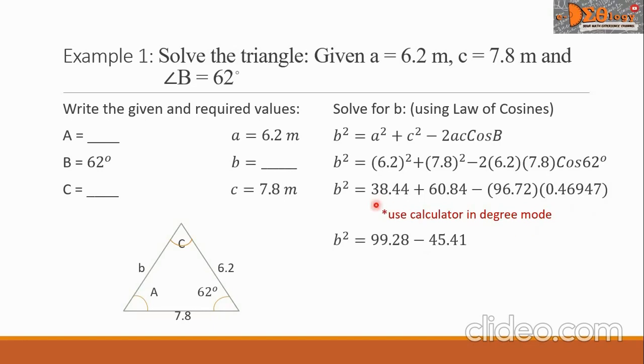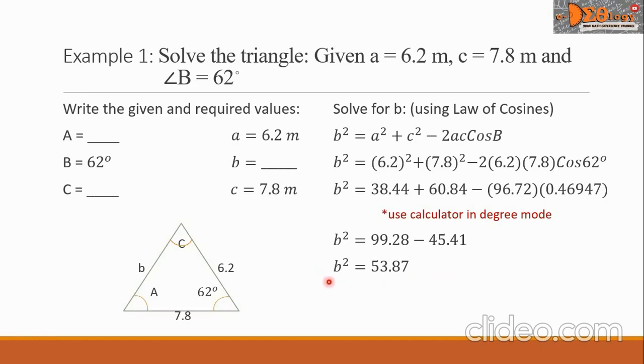Simplifying further, we get the sum of 38.44 and 60.84. We have 99.28. Then minus the product of 96.72 and 0.46947, which is 45.41, rounded to 2 decimal places. We will get the difference. So we have B squared equals 53.87.